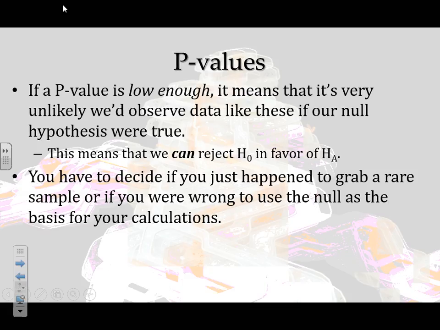But the likelihood of that occurring most often means that the null couldn't have been true. So when you get that low p-value, you could say that you just grabbed a rare sample, in which case you probably want to go out and grab another sample just to see. And if you get another rare sample, you can probably be sure that null is definitely wrong.